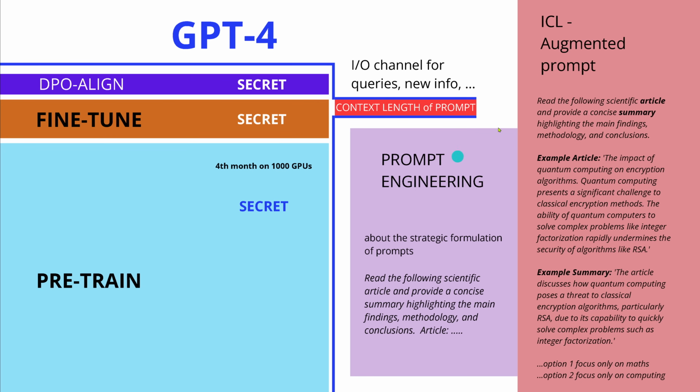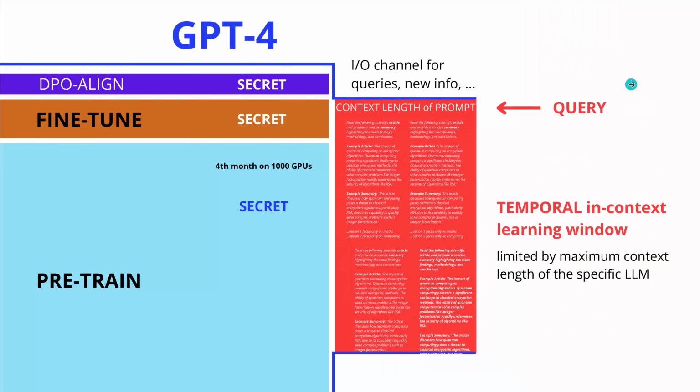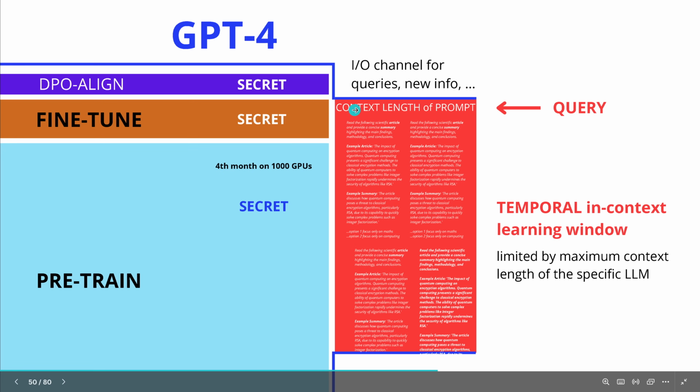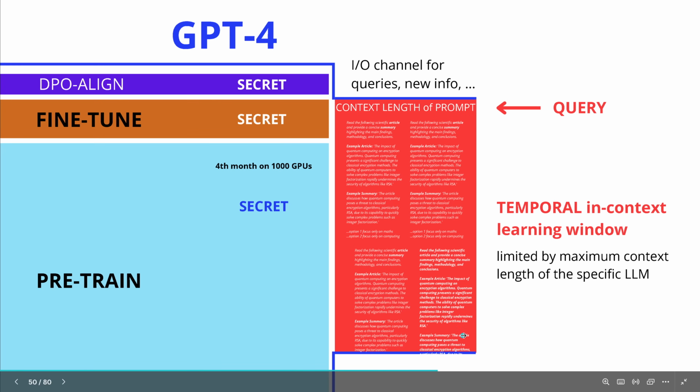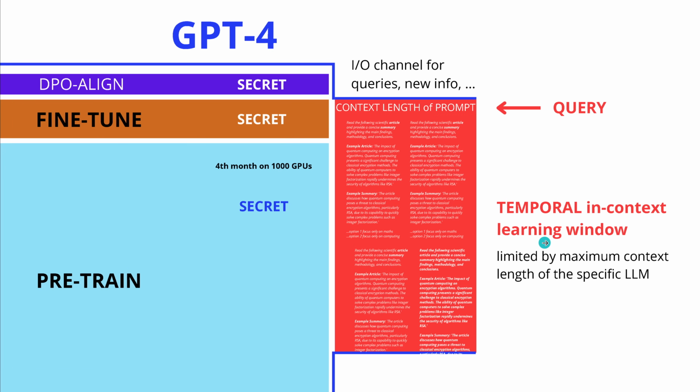Beautiful. Now you know prompt engineering and ICL augmented prompt. There is a little tiny problem, and you know this, because this window, the context length of the prompt, is rather limited, as I've shown you. So whatever goes in here stays for a time till it flows off and pours out of this. We only have a temporal in-context learning in this particular window of 8K, 32K, 100K.